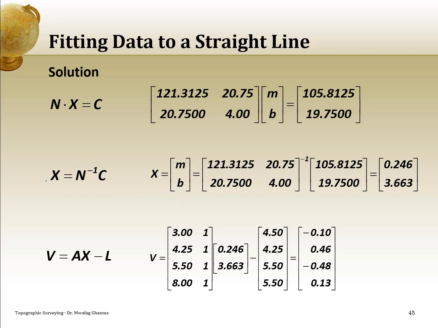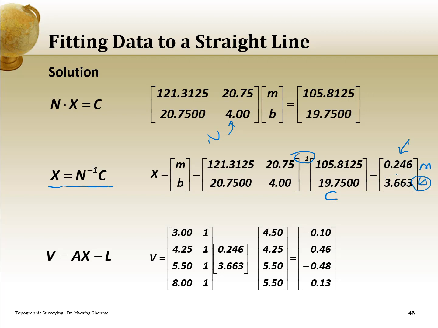So at the end we will have this equation: this is the N matrix, inverted here, multiply it by C, and you will get the unknowns vector. This is m and this is b.